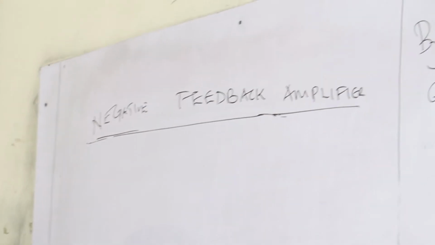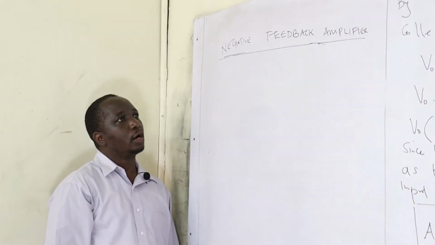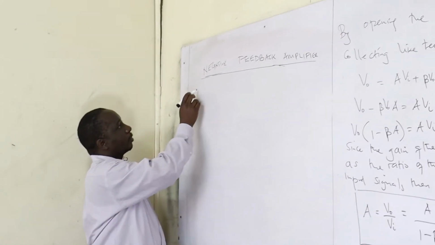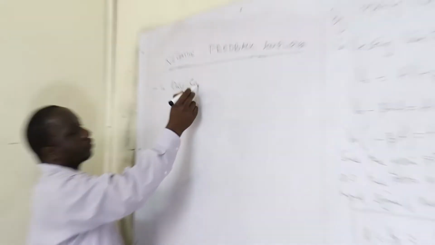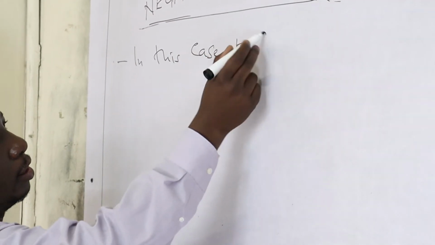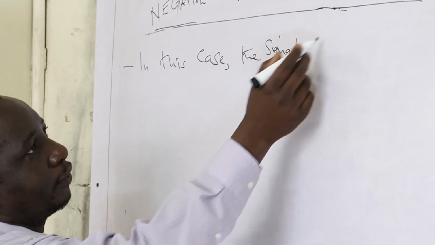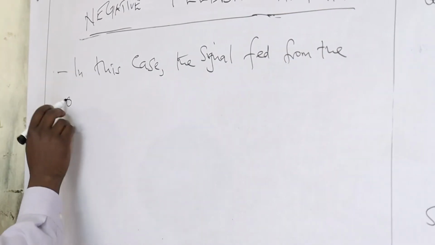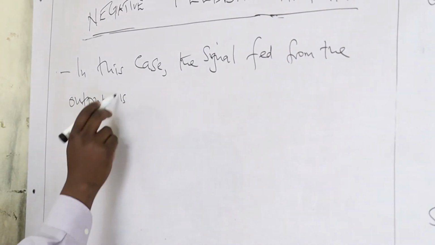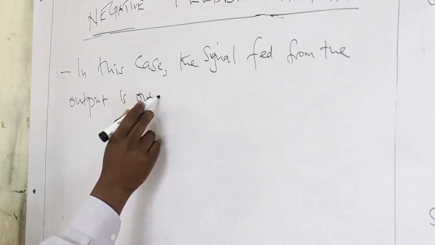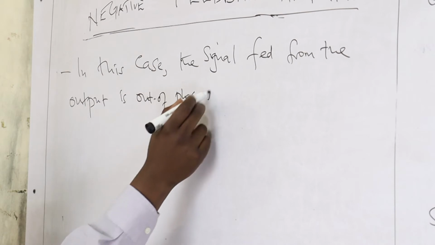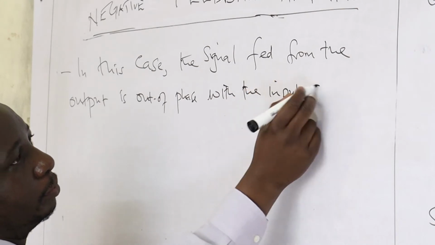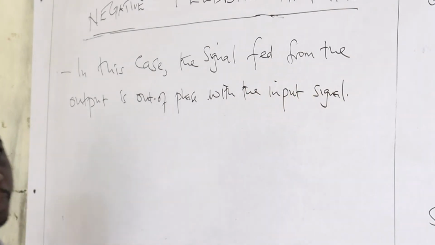With negative feedback amplifiers, the signal fed back is out of phase with the input signal. In this case, the signal fed back from the output is out of phase with the input signal.